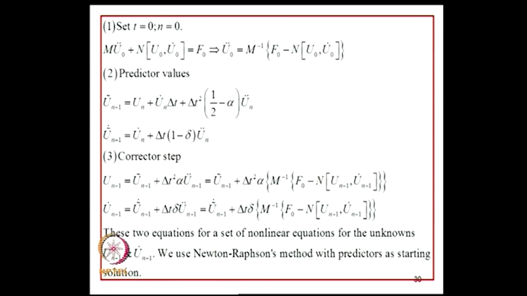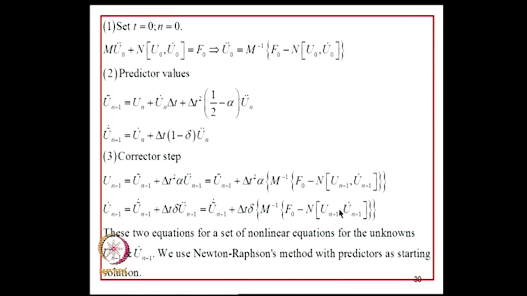Now, the corrector steps would be given by this. For u double dot n plus 1 I can use the equation of motion and write the terms there, this term is M inverse of this. Similarly, u dot n plus 1 is the predictor term plus this term.